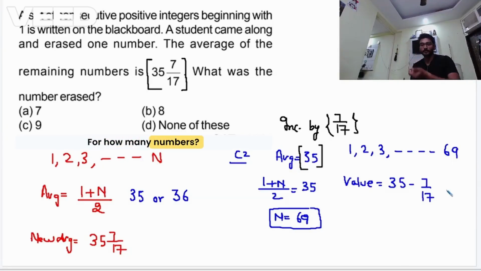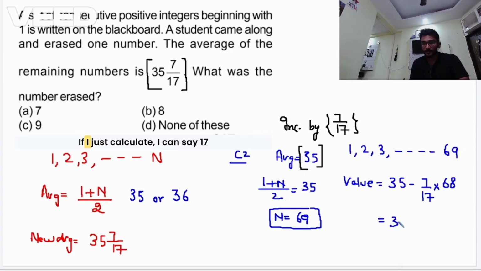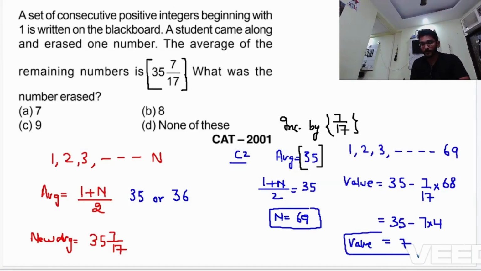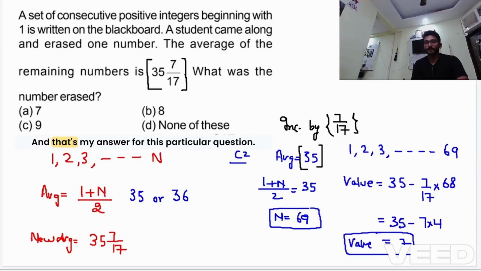For how many numbers? 68 numbers are remaining. If I calculate, I can say 17 is going to divide this 68, and it will be left over 4. 35 minus 28 is 7. So that value equals 7. And that's my answer for this particular question.